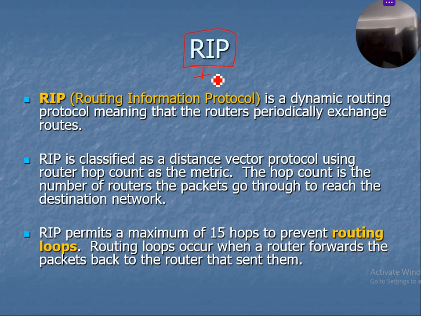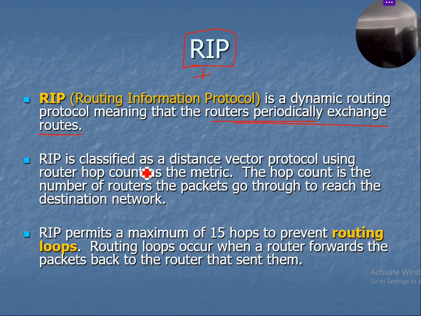It's a type of protocol wherein routers periodically exchange their routes by propagating the routing table they have to neighbor or adjacent routers, sharing all their routing entries with other neighboring routers.